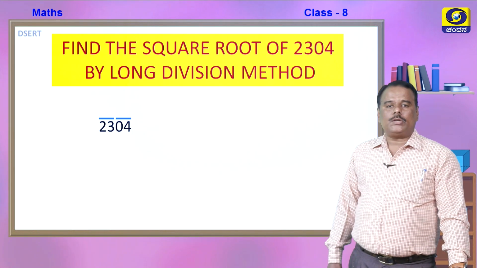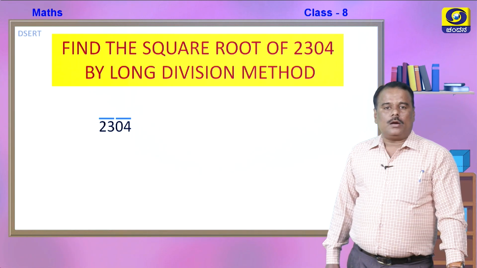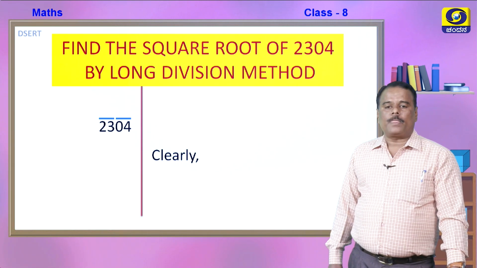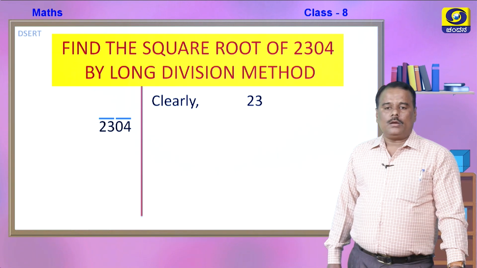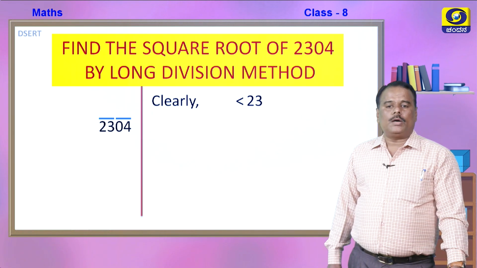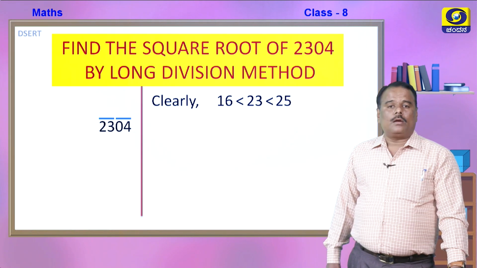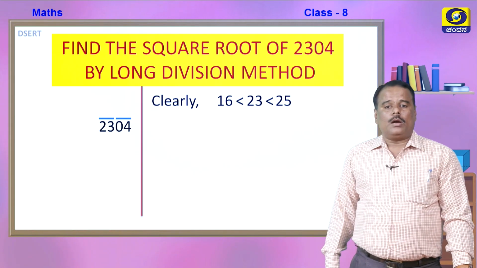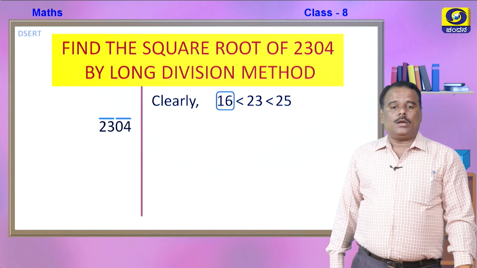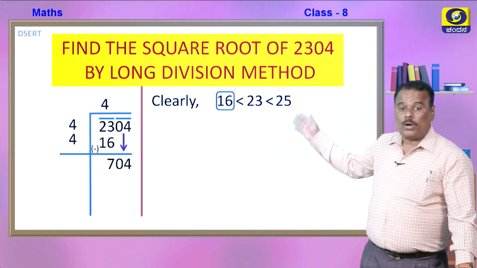We consider the first group, that is the thousands and hundreds place digits, which is 23, and you can see that 23 is between the two perfect square numbers 16 and 25. Among 16 and 25, 16 is the smaller one, and we consider that 16, and we know that 16 is the square of 4.